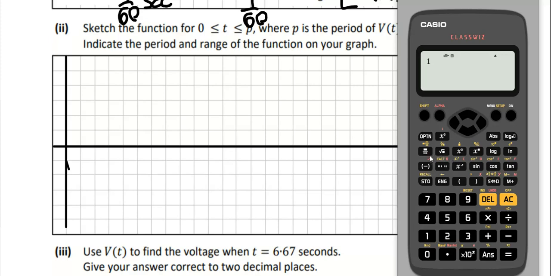So what's 1/60th divided by 10, as an example? 1/600. All right, I'm going to do this in 1/600.